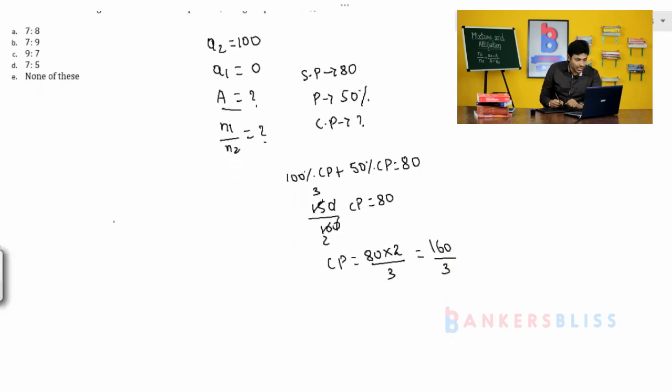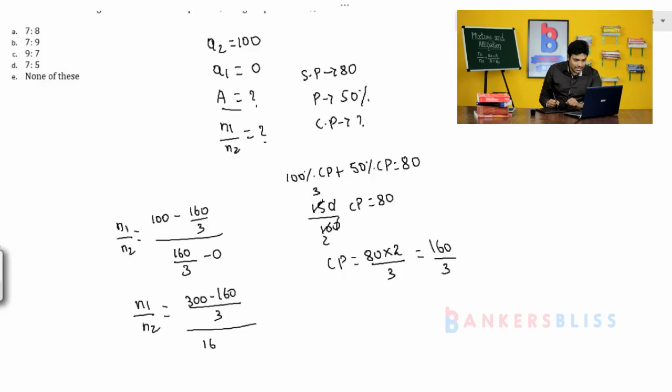Next, N1 by N2 is equal to A2 minus A, that is 100 minus 160 by 3, whole divided by 160 by 3 minus 0. So, N1 by N2 is equal to 300 minus 160 by 3, whole divided by 160 by 3.